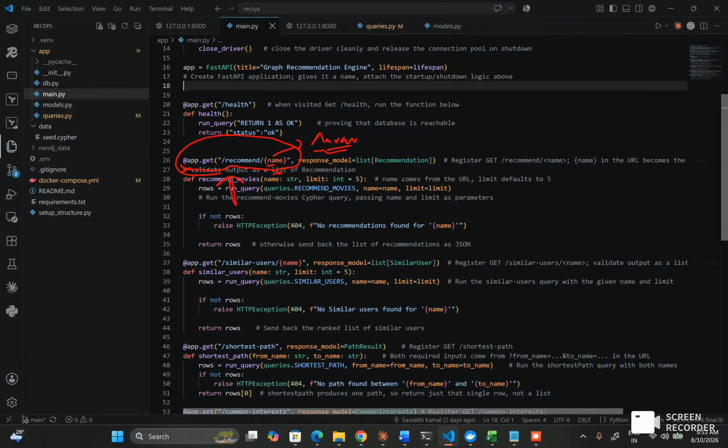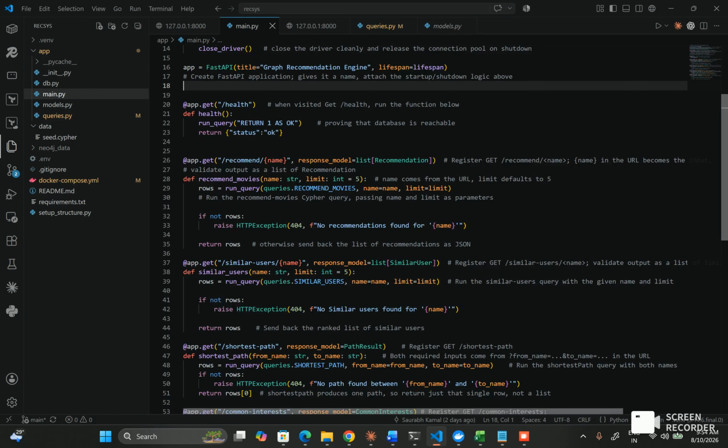Now, inside the function itself, name comes directly from the URL placeholder. And limit is optional. If nobody has specified it, it quietly defaults to 5 as given.